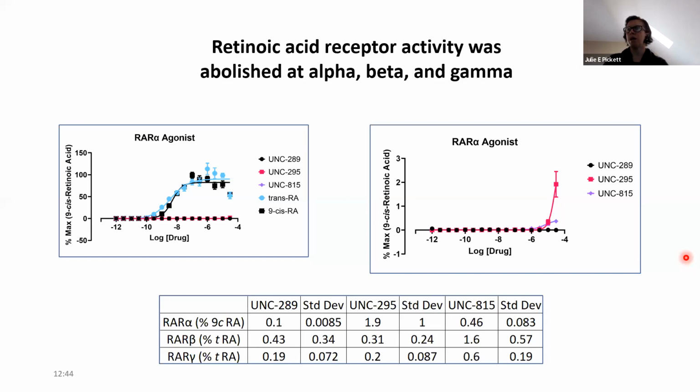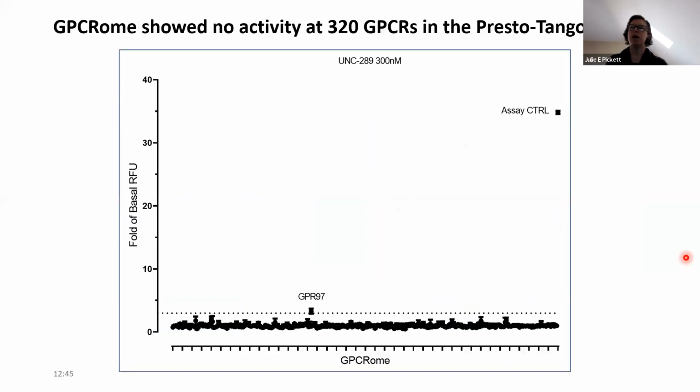Okay, so we've got RAR taken care of. What about the rest of the GPCRs? For compound 289, one caveat with this assay is that in the Tango assay, compound 289 has nonspecific interference above 300 nanomolar, so you'll get a false negative signal above that concentration.